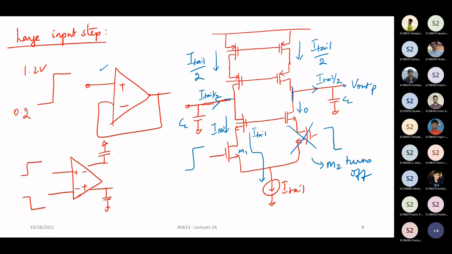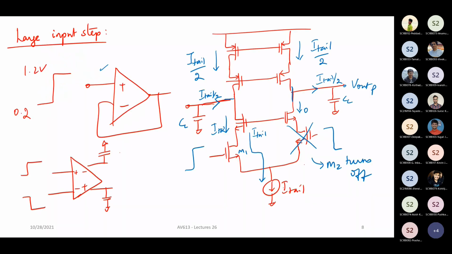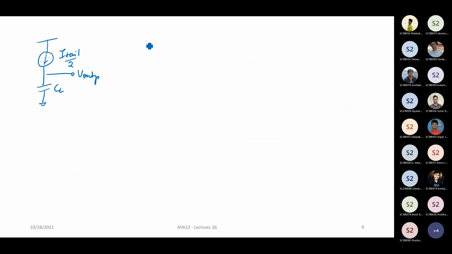What will happen to Vout P? Vout P can be thought of as a current source of I tail divided by 2 flowing into this capacitor CL, and this is your Vout P. Now, how is the Vout M side? This is your Vout M. You can think of Vout M as being something like this.